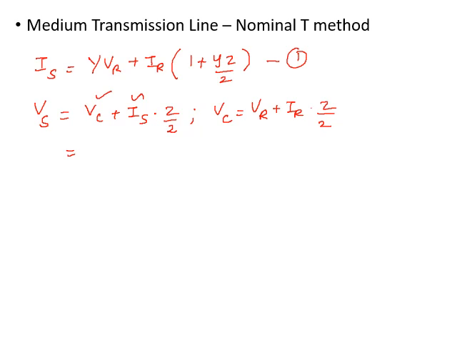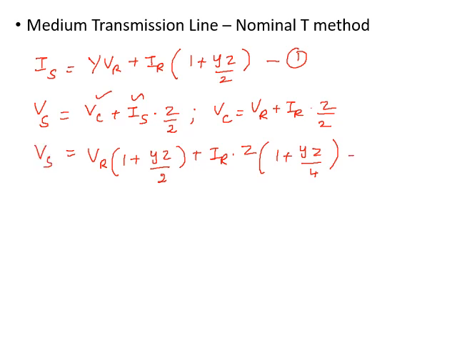Then we get Vs equal to VR into 1 plus YZ by 2 plus IR into Z into 1 plus YZ by 4. Let this equation be 2.